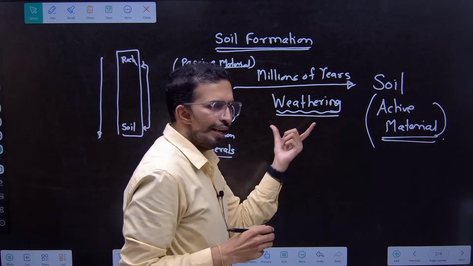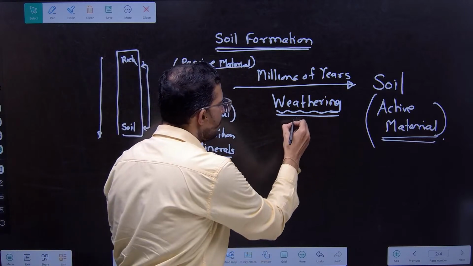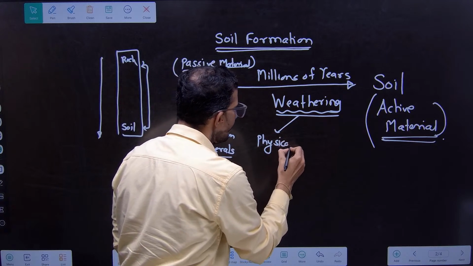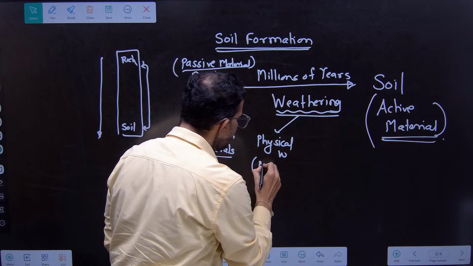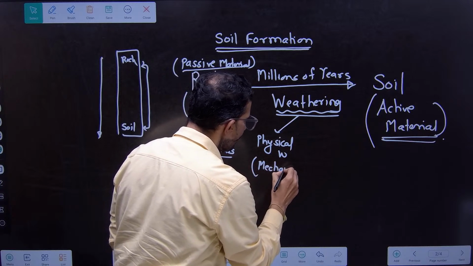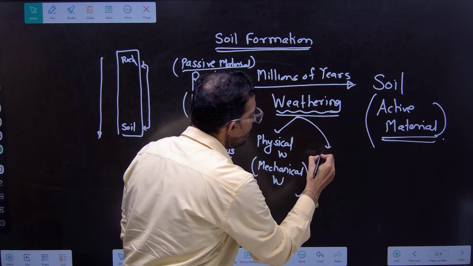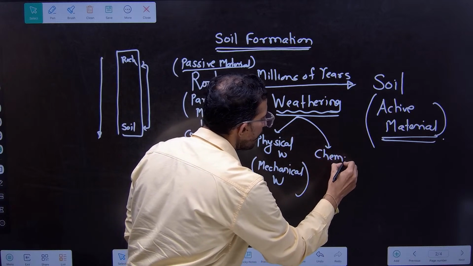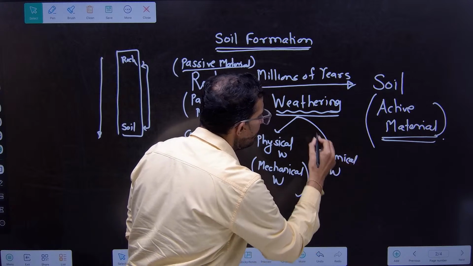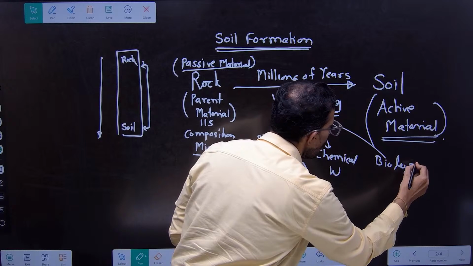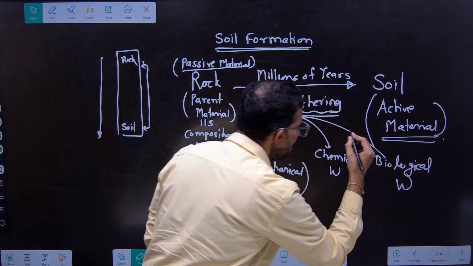Weathering, there are three types of weathering. As per the NCERT, the first one is the physical weathering or the mechanical weathering. Second one is the chemical weathering. And third one is the biological weathering.